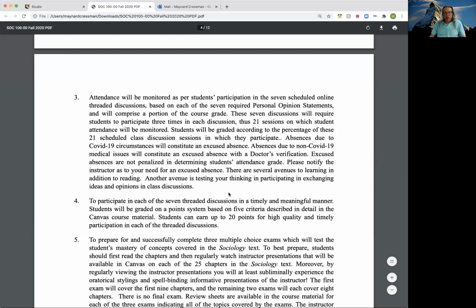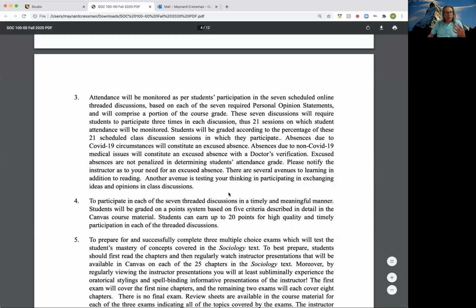Then from Thursday at 12:01 a.m. and for you late owls, up until noon on Friday, not midnight, till noon on Friday, you make your third post. And so that's to something somebody else said, or your continued conversation with the same student, however you want to play this. That's why it's a threaded discussion. Threaded discussions are designed to try to simulate what happens in the classroom.